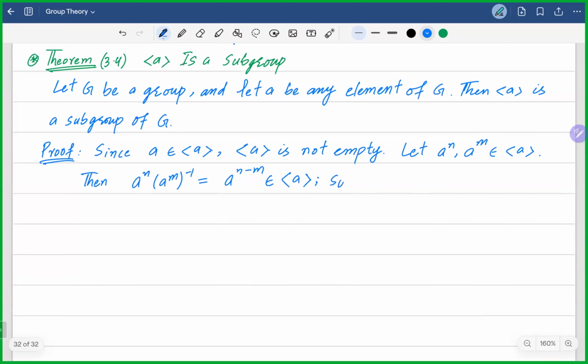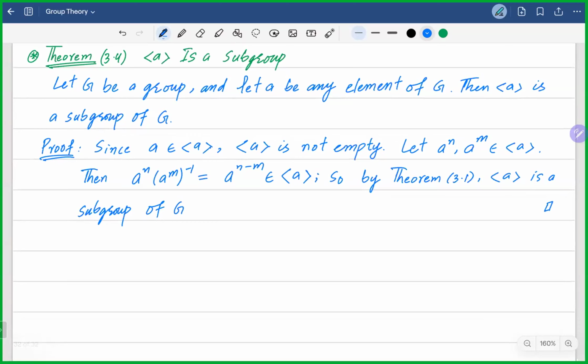So by theorem 3.1, the set generated by a is a subgroup of G, and that's the proof.